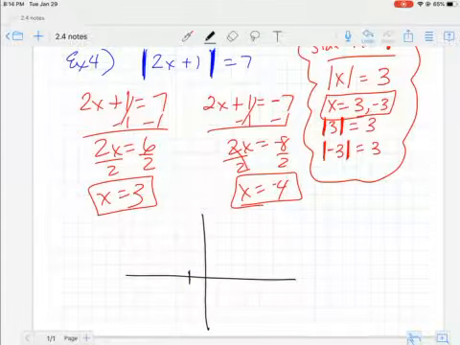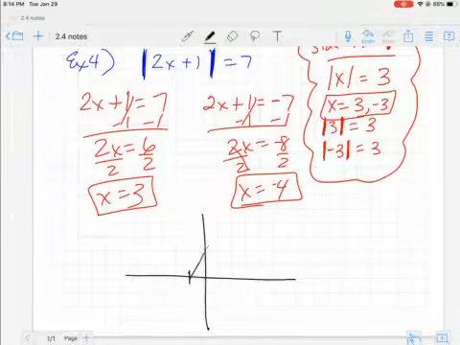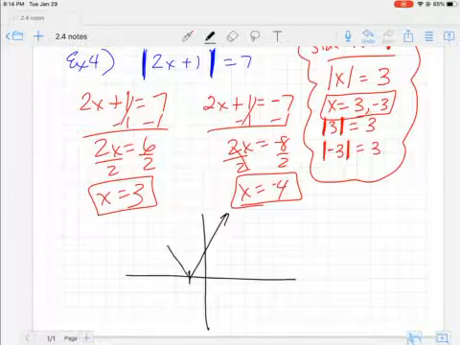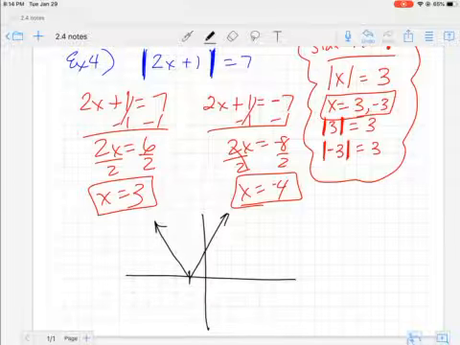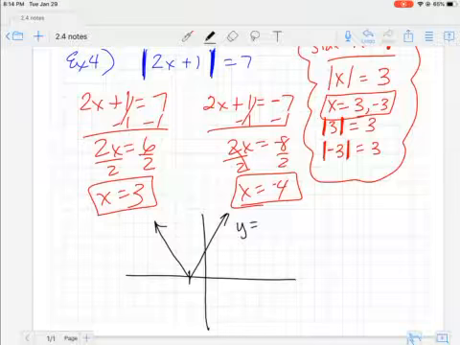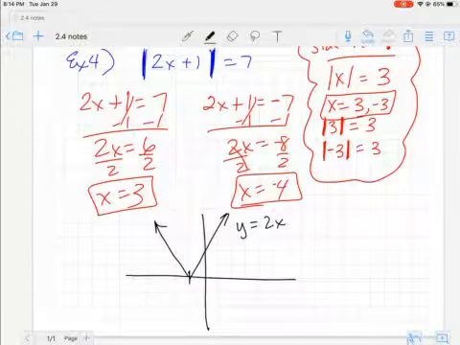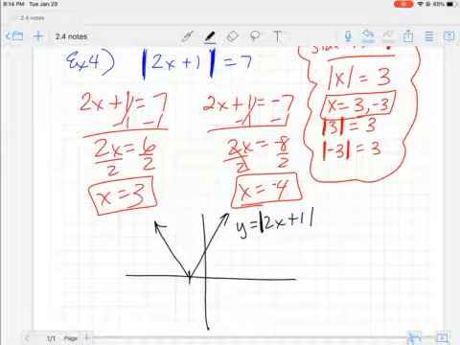So I'm coming here, and then I'm looking at basically a slope of 2. So that's what I have going here. Now, when I say this is the graph, y is equal to the absolute value of 2x plus 1, I'm going to say, when is that equivalent to 7?